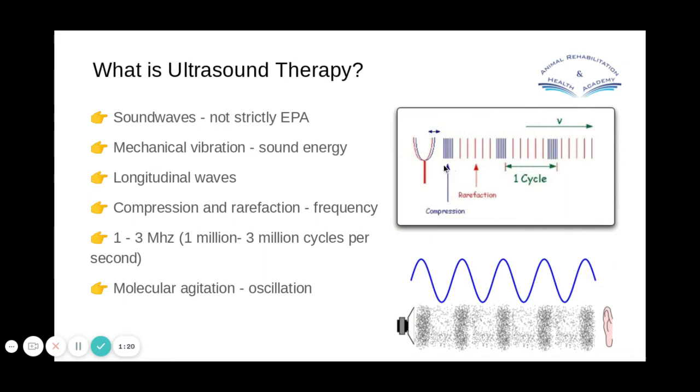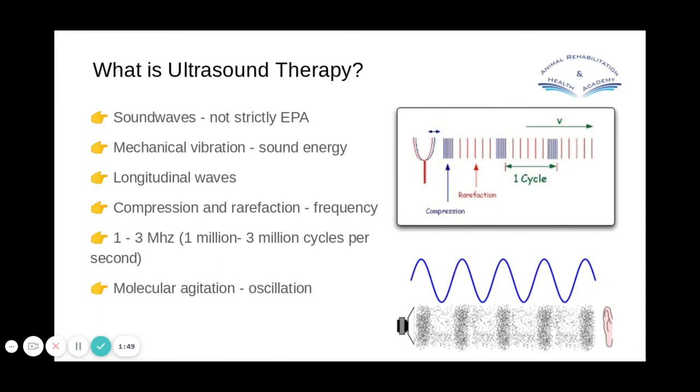I like to think of this as areas where it squashes together and then opens out again, squashes together and opens out again. Between two of these compressions is one cycle. If we look at this in the traditional wave shape that we think of, between two compressions and rarefactions, we get one cycle.